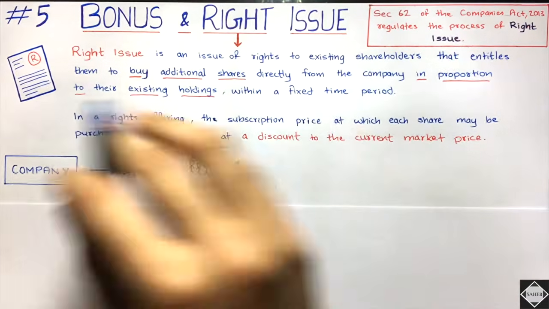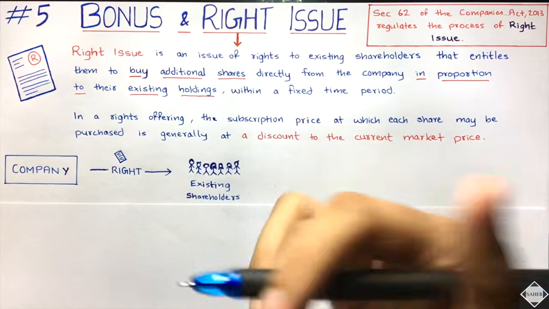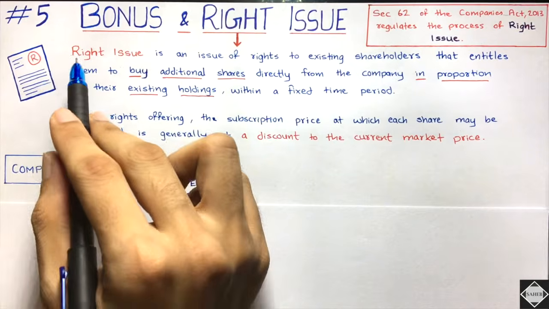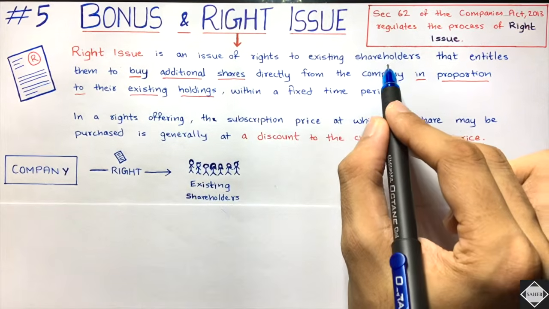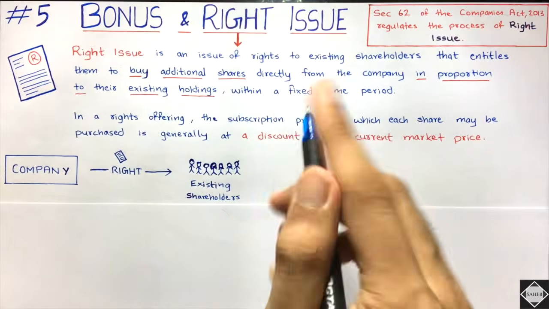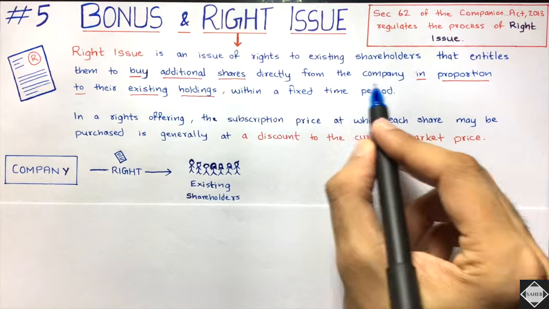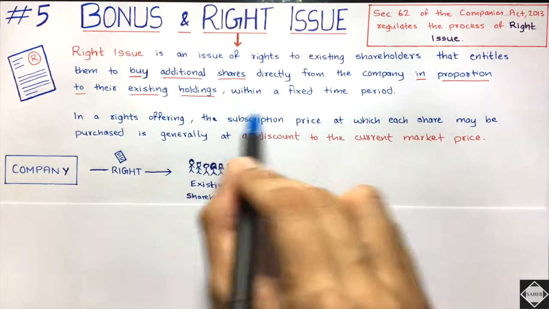Now see, here we have the concept of right issue. Let's understand by reading these two paras and then we'll take an example. Right issue is an issue of rights to existing shareholders that entitles them to buy additional shares directly from the company in proportion to their existing holdings within a fixed time period.